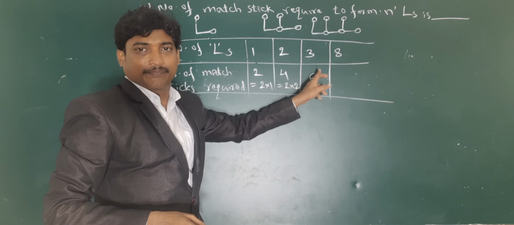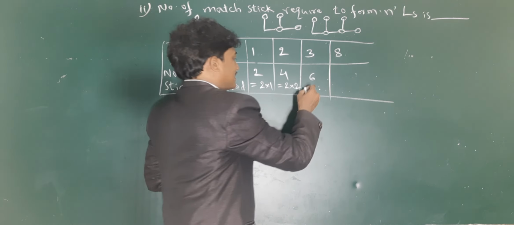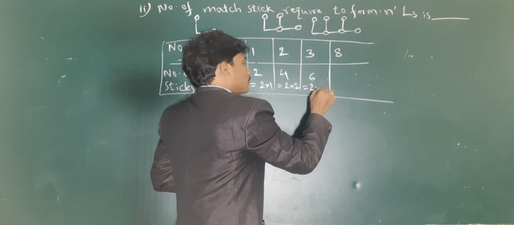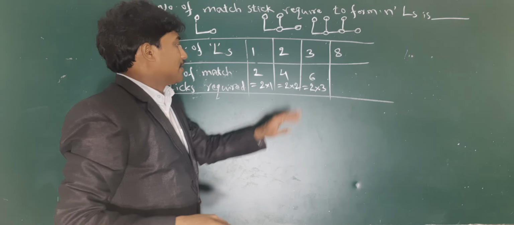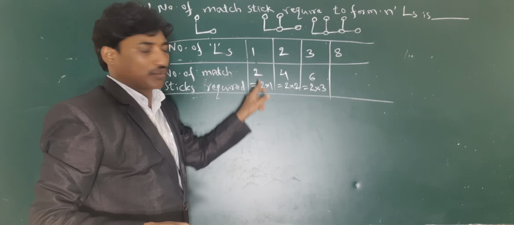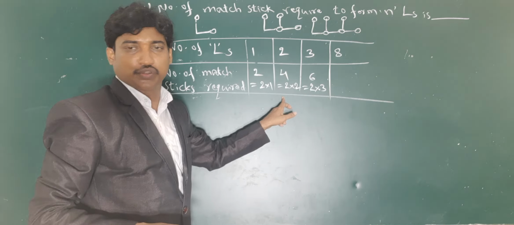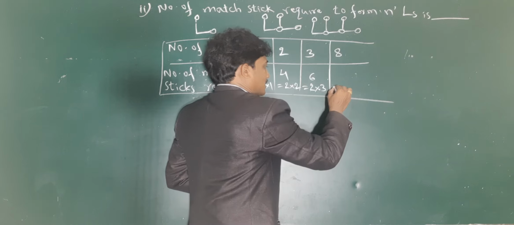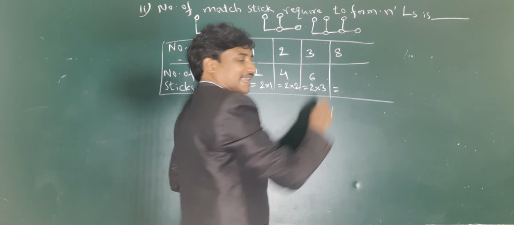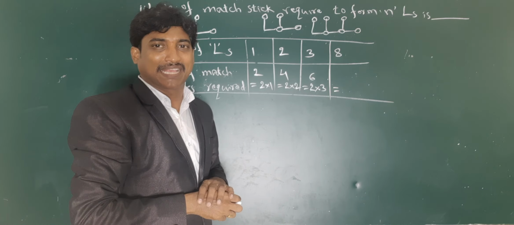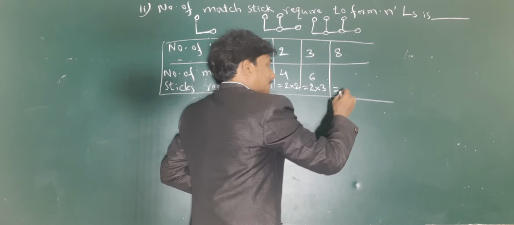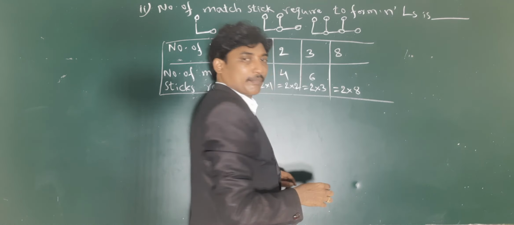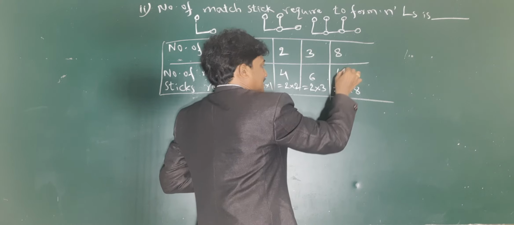For 3 L's, 6 matchsticks are required, 6 can be written as 2 into 3. So for 1 L, 2 into 1; for 2 L's, 2 into 2; for 3 L's, 2 into 3. So we can expect for 8 L's, 2 into 8. That means 16 matchsticks are required.